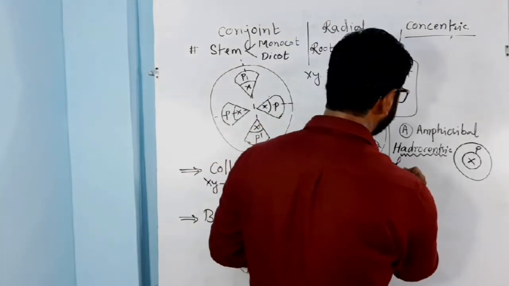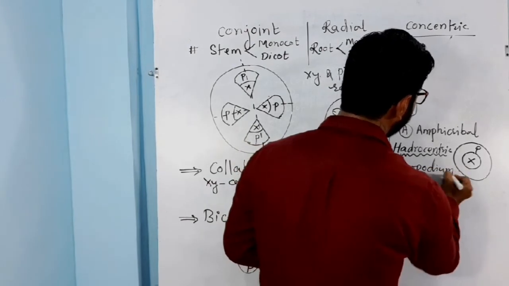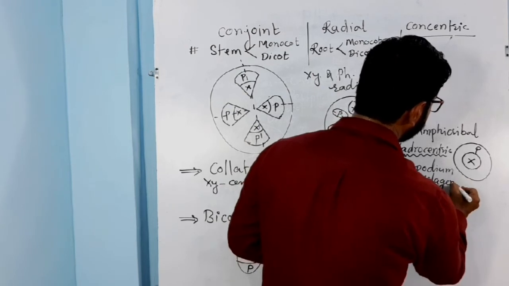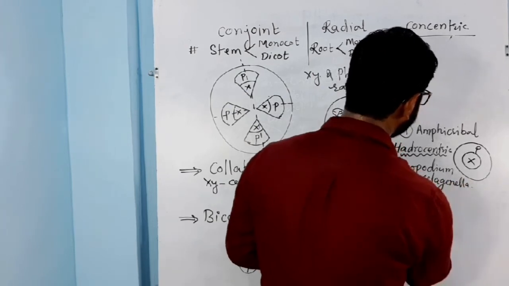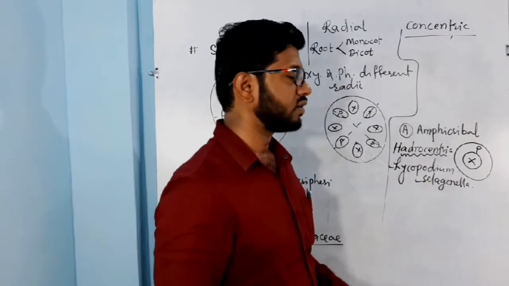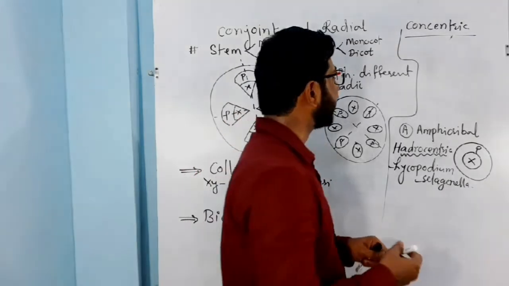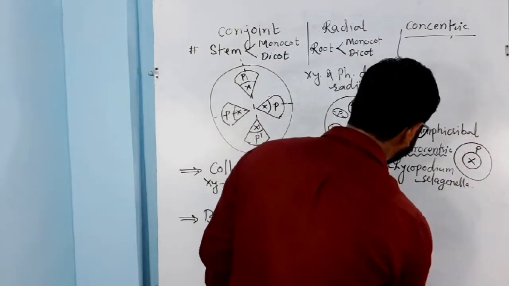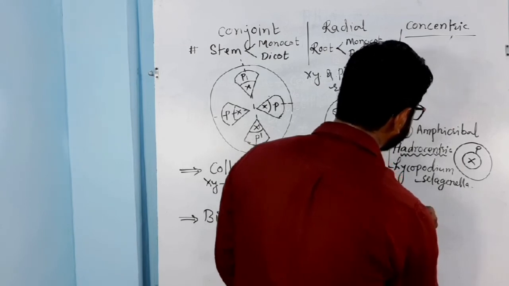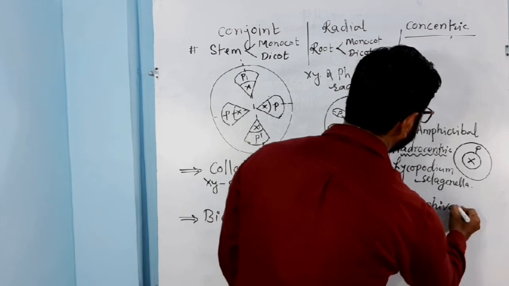Example, in Lycopodium and in Selaginella. These are the members of pteridophyta in which amphicribal or heterocentric vascular bundles are commonly present. Second type in concentric vascular bundle is leptocentric vascular bundle, which is also called amphivessel.